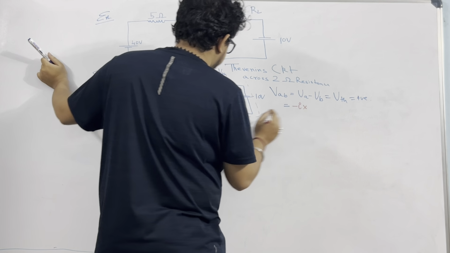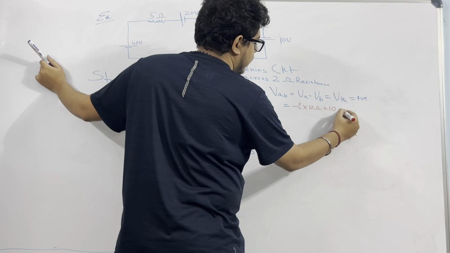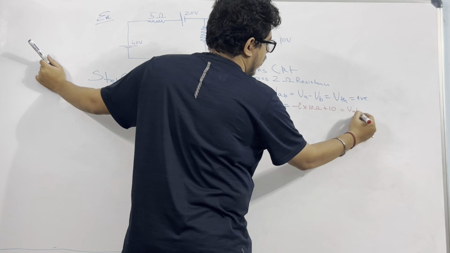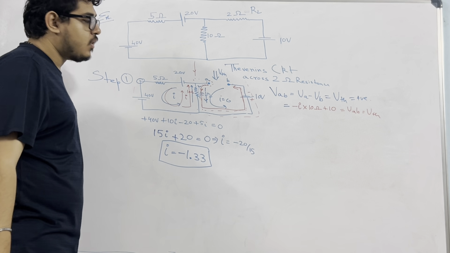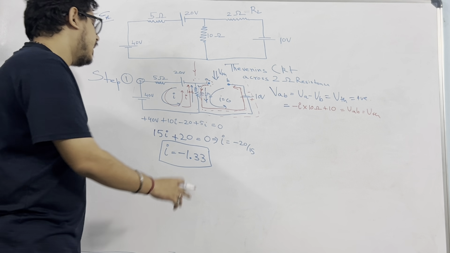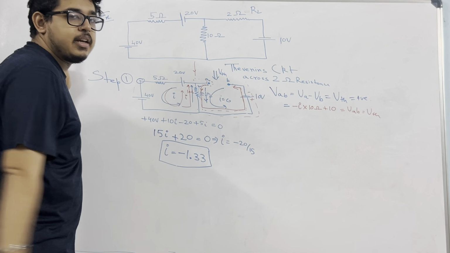And then plus, I hit the plus first, plus 10 will be equal to VAB, or equal to VTH. But I is already negative, so minus I will be equal to plus.